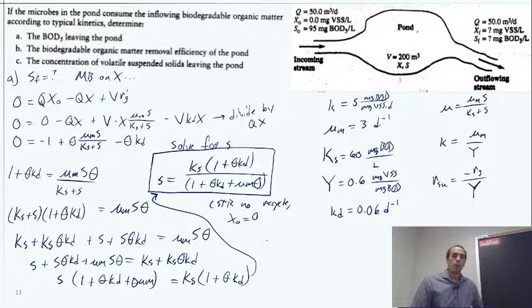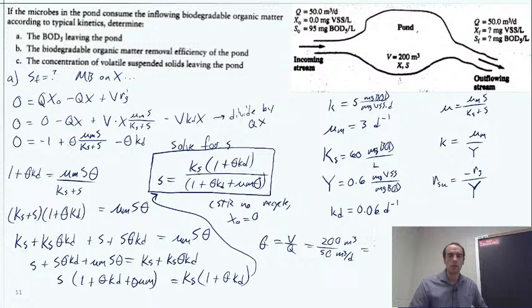Okay. If we put in the terms, need to solve given the 50 cubic meters per day, the 200, well, we can solve that by hand actually. So theta is V over Q. That's 200 over 50. 200 cubic meters divided by 50 cubic meters per day.